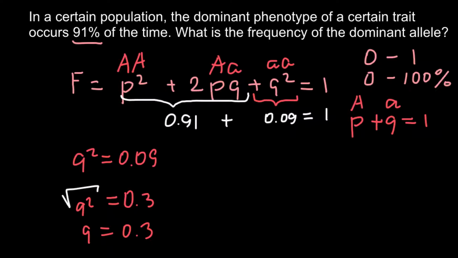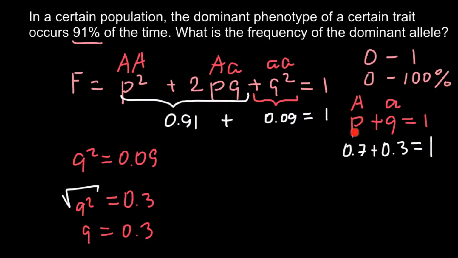Once again, take a look here. If we know that q equals 0.3, we can say that p equals 0.7. 0.7 plus 0.3 equals 1, or 100%. So once again, two types of alleles, one dominant, another recessive.